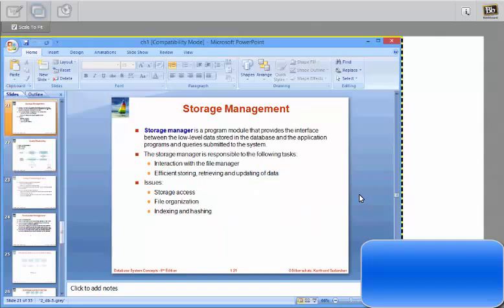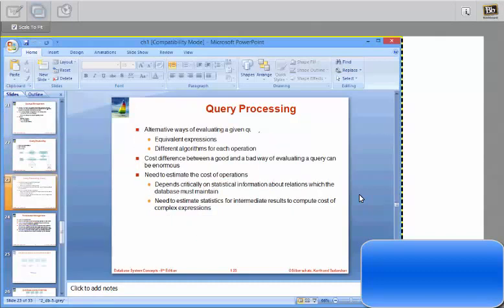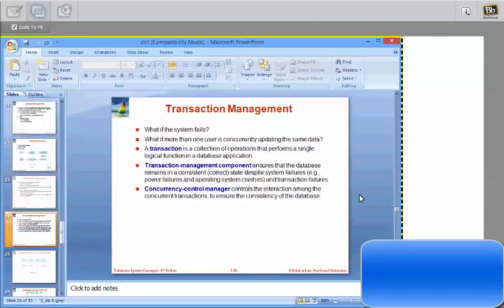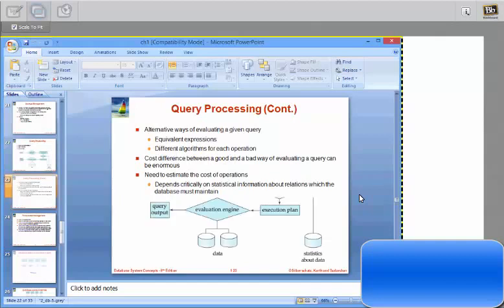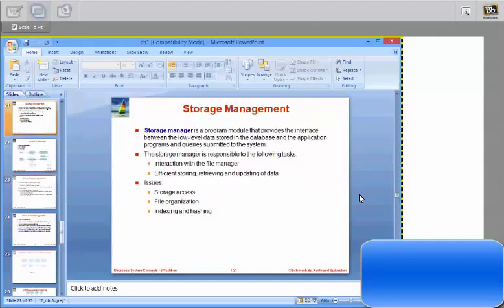Now, storage manager: the question could be a short answer question, for storage management and for transaction management. You can also expect a question on the role or responsibility of a database administrator, because you can expect this question from this chapter as well.